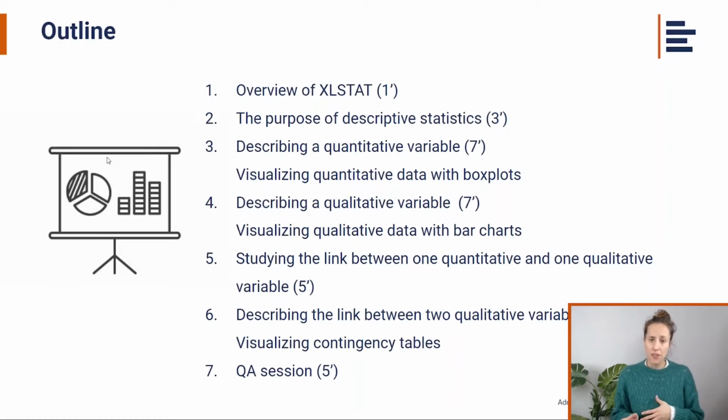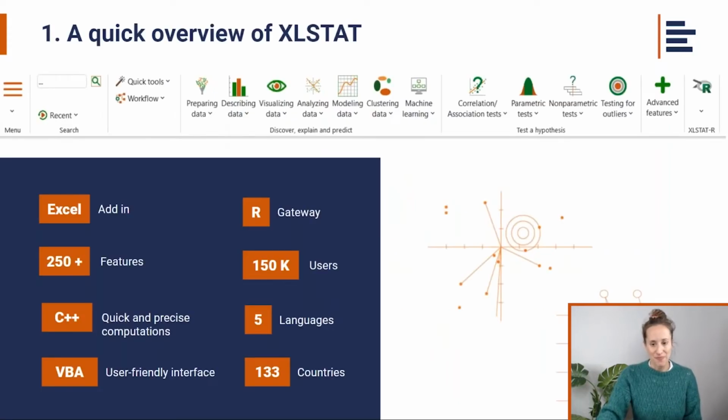Then we'll do the same thing, but for qualitative variables. So we will talk about computing numerical descriptive statistics for qualitative variables, but also visualize them using bar charts. Then we will see an example to study the link between one quantitative and one qualitative variable, and finally describe the relation between two qualitative variables through contingency tables. And of course, we will end up with a Q&A session.